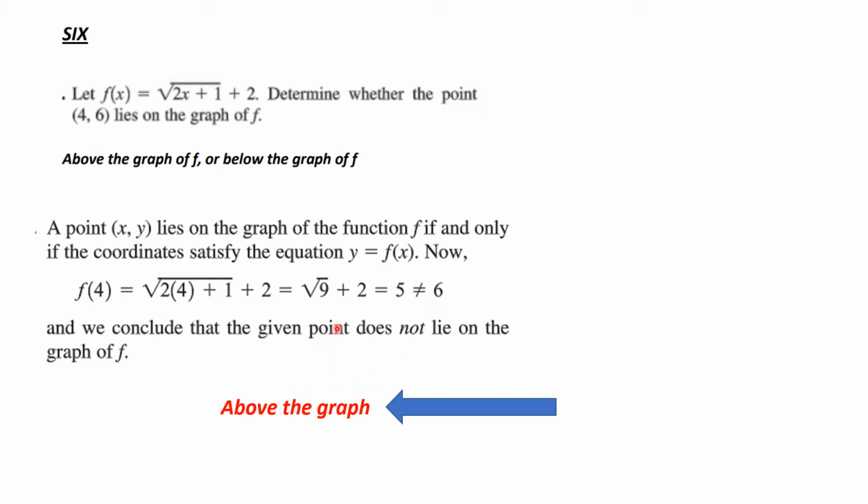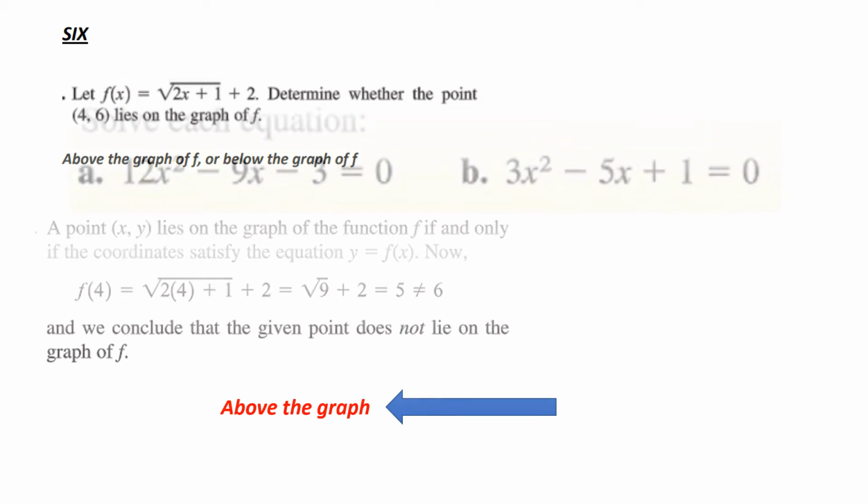And in fact, 5 is less than 6, so that point is above the graph of the function. So the answer should be above the graph. This would be right or wrong, 10 points.